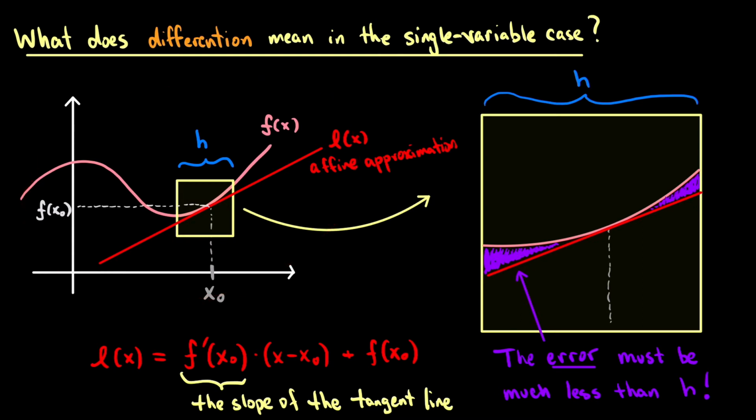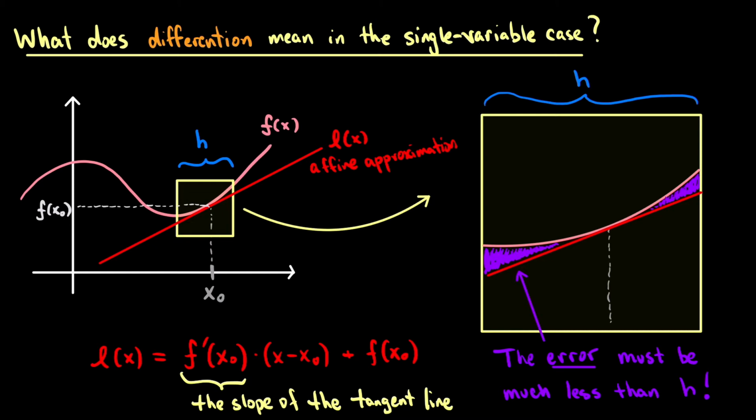In this picture, the straight red line deviated a lot from the pink curve as you moved away from x naught. But as we zoom in, the error in this affine approximation, which is represented by this purple region, becomes small. And it's not just small because we're zooming in and the whole box is small. It's small even relative to the scale.